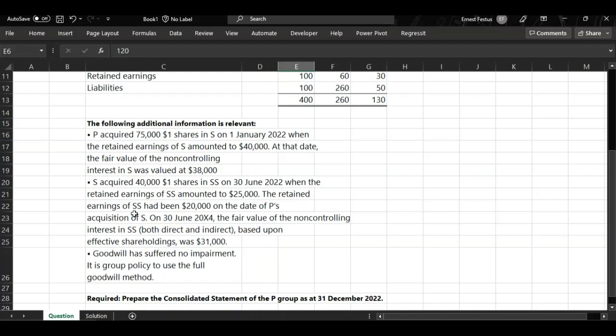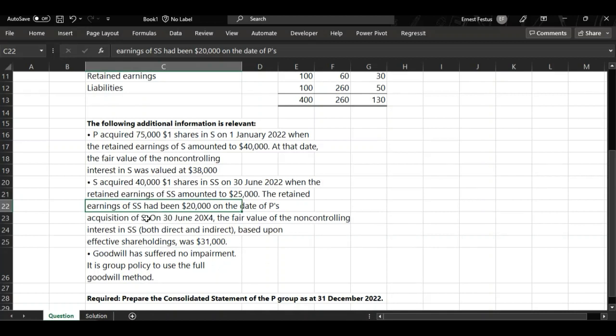This particular statement is irrelevant for our analysis, because as at the date P acquired S, S had not acquired SS, and so the retained earnings of SS prior to S's acquisition of SS is irrelevant in consolidation.